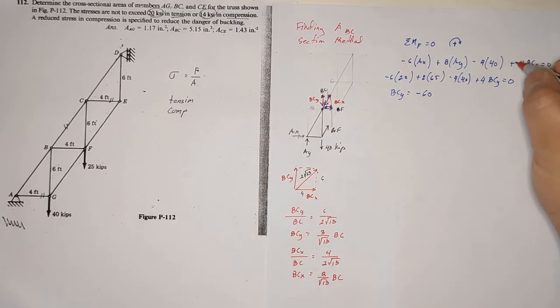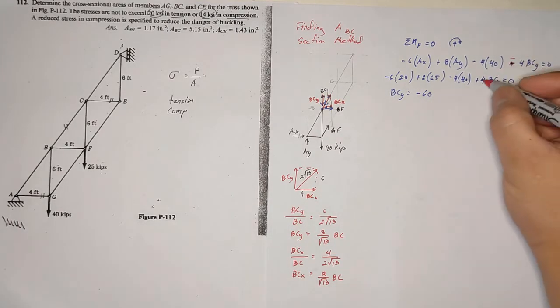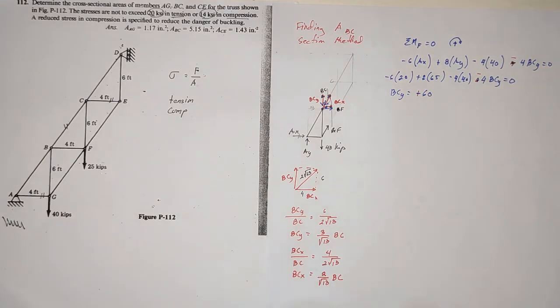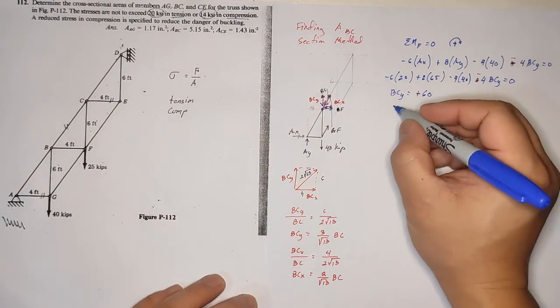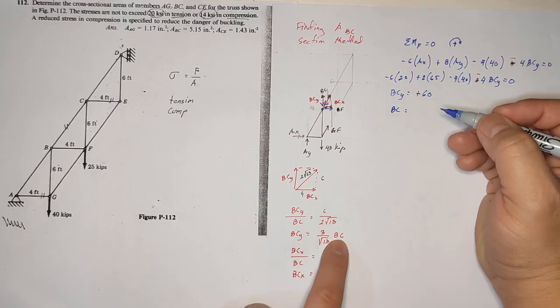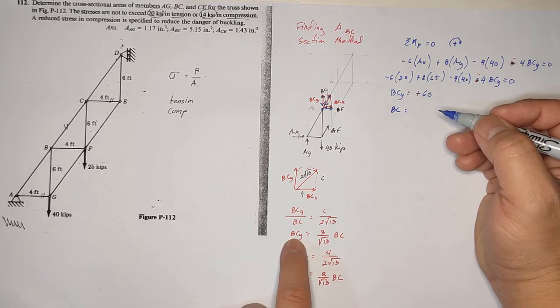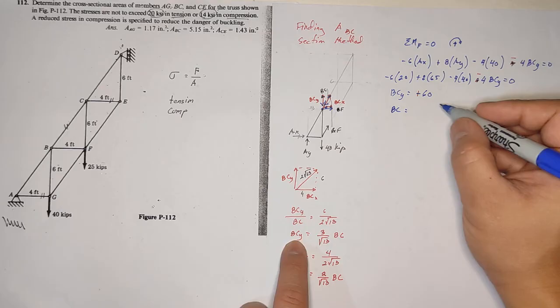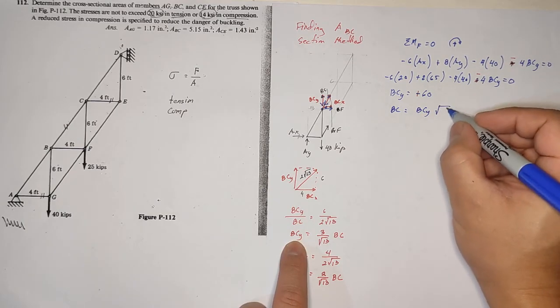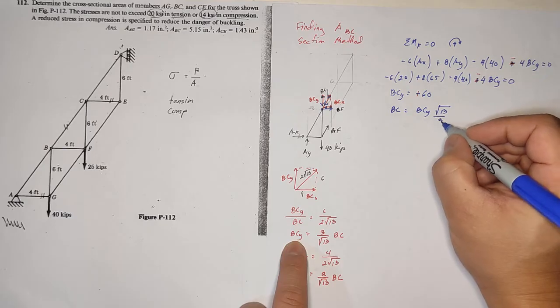If we change that one, this negative will become positive, or positive 60 kips. Okay? Then, we can now compute for BC because BC is BCY times the square root of 13 over 3.